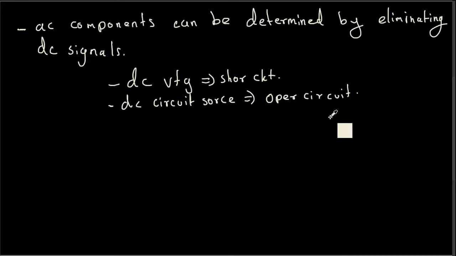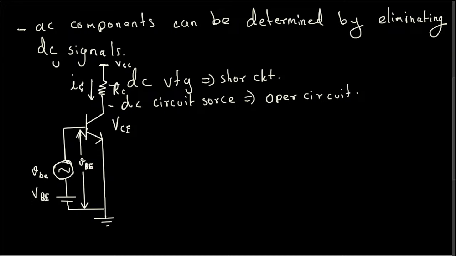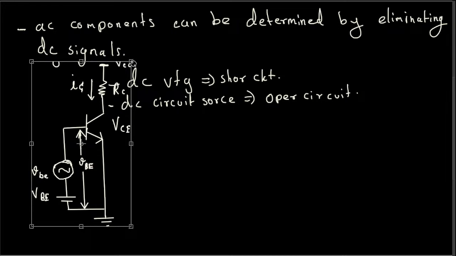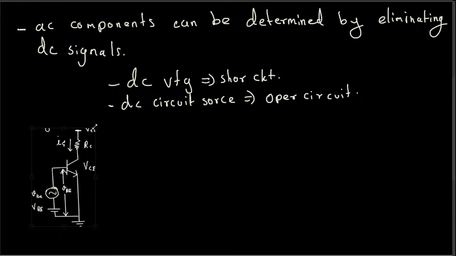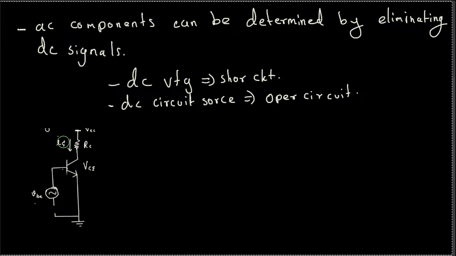Okay, let's bring the same diagram. Here what we do is we just remove the DC component of it. Then if we do that, this part will be gone, and this part is unnecessary because we only have an AC component, and this one becomes small i small c, and the others remain the same.